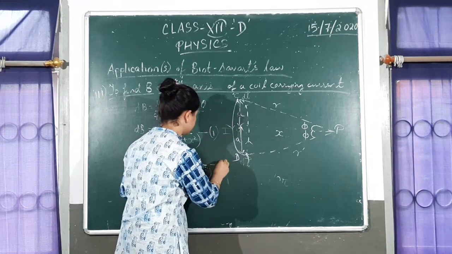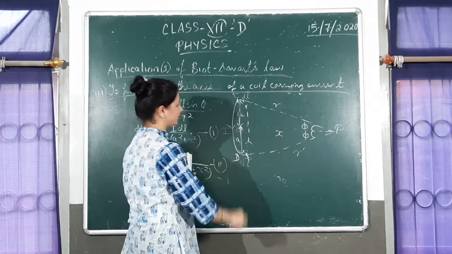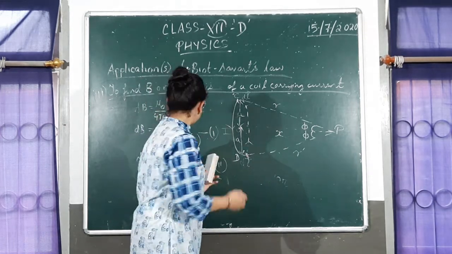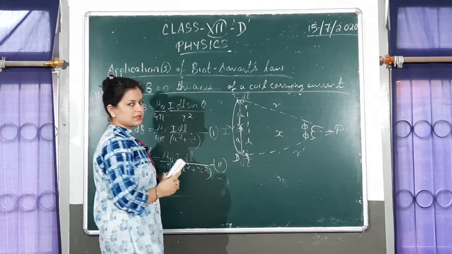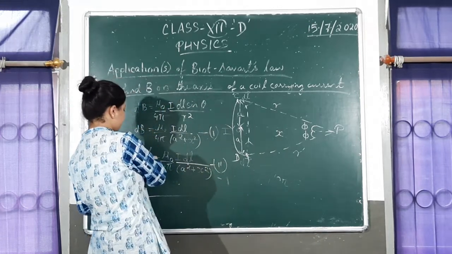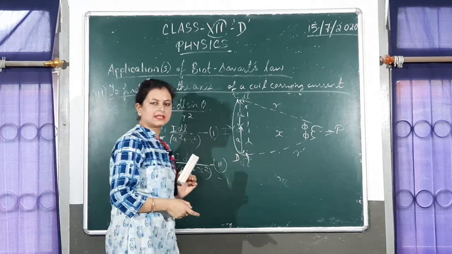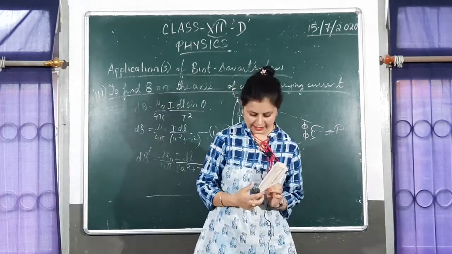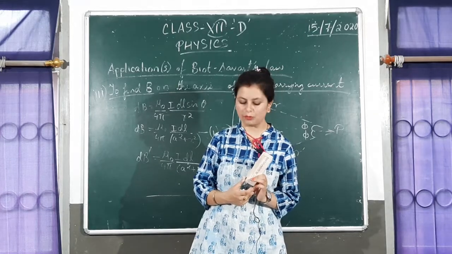This is equation 2. Now what about the directions of dB and dB dash? I am not writing dB for both, because the magnitude may be the same but the direction is not the same.